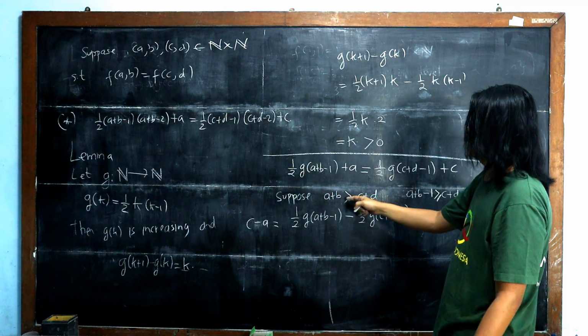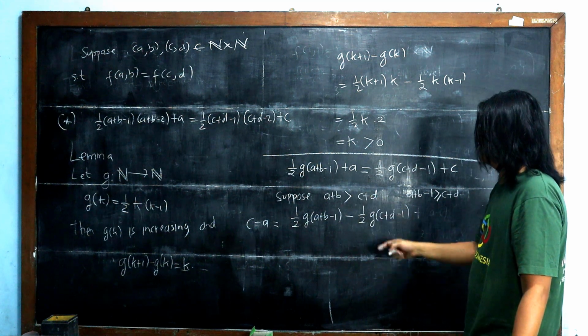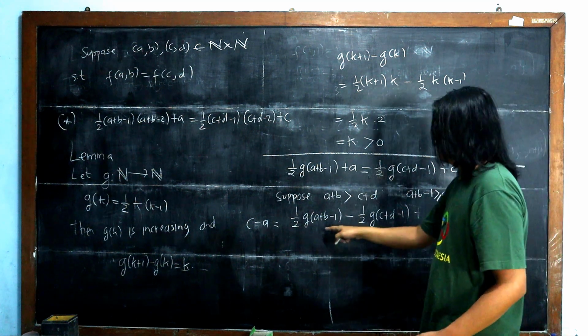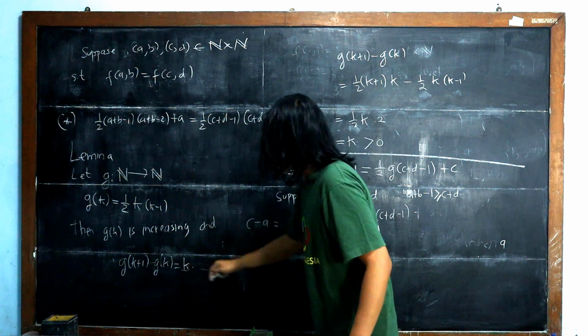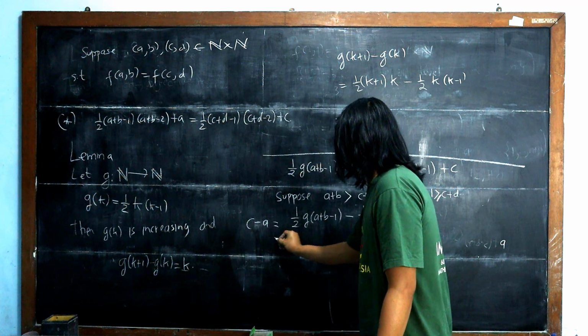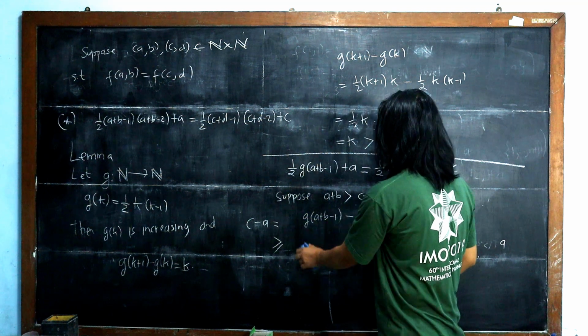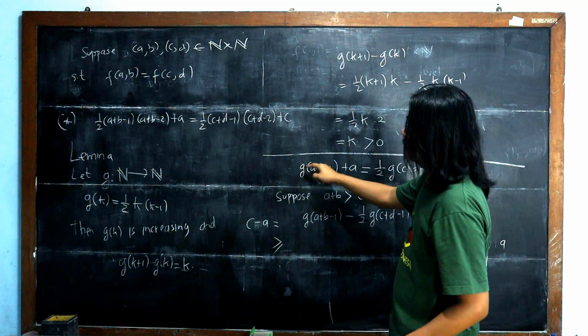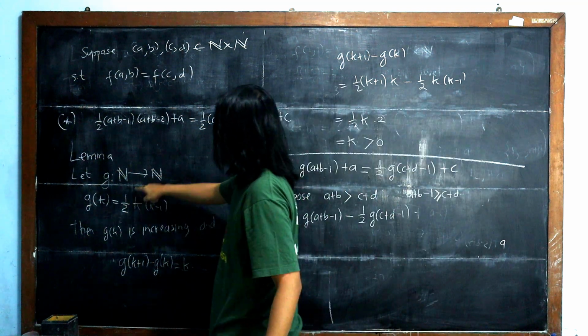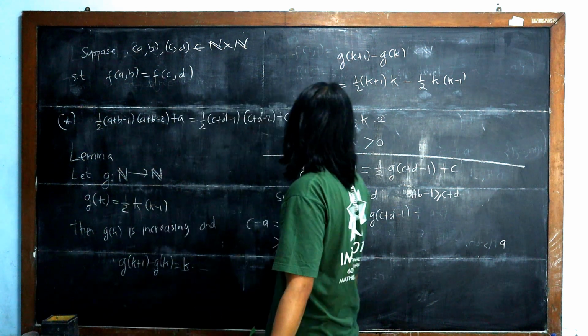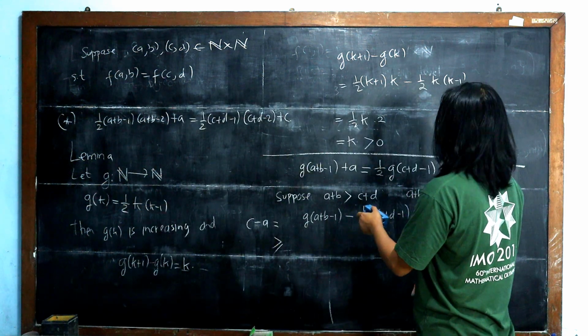So therefore, since g is increasing, this is going to be greater than or equal to. I'm sorry, we don't need the half anymore, right? Because by definition, the g is already including this 1/2.